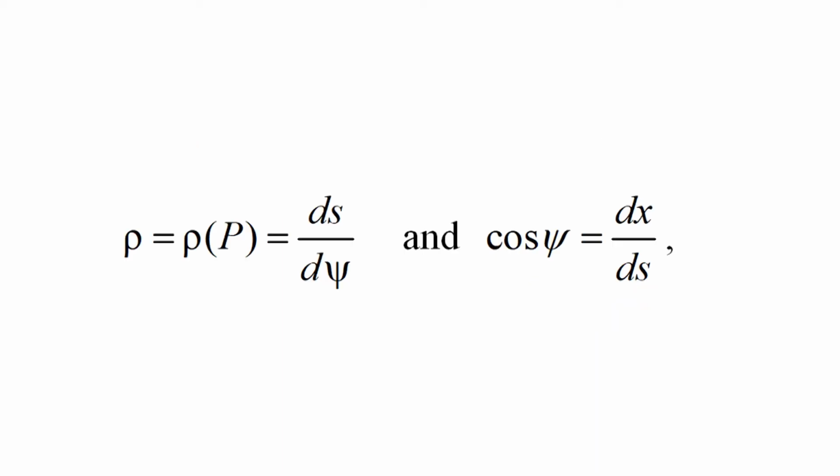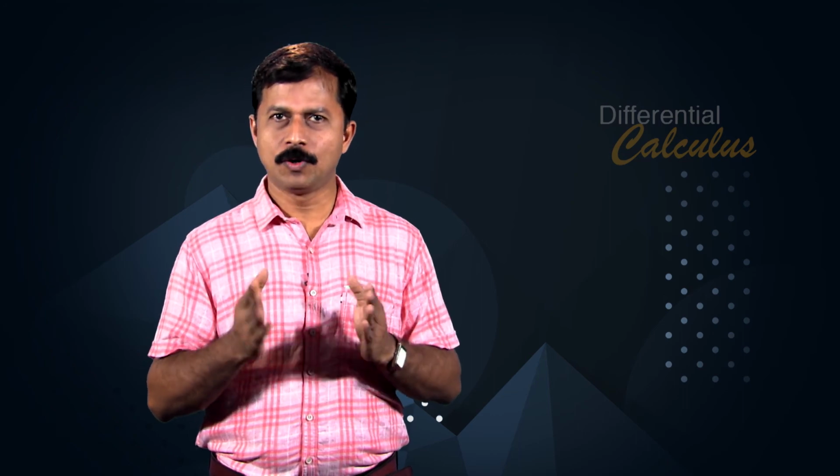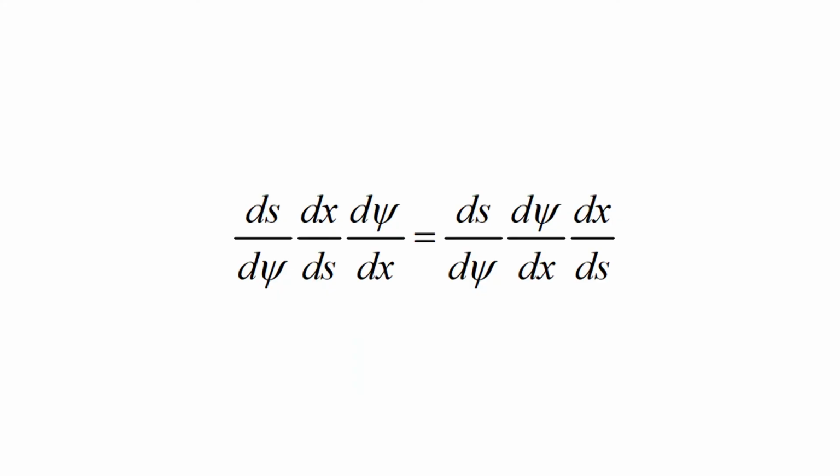Since rho is equal to rho of P, which is equal to ds by d psi, and cos psi is equal to dx by ds, we have d by dx of rho sin psi is equal to ds by d psi times dx by ds times d psi by dx plus sin psi times d rho by d psi. By a rearrangement, we obtain ds by d psi times dx by ds times d psi by dx is equal to ds by d psi times d psi by dx times dx by ds.